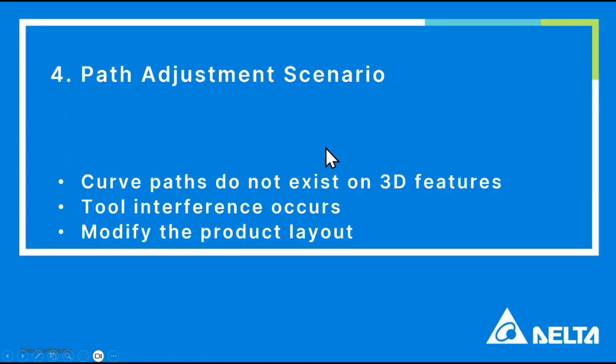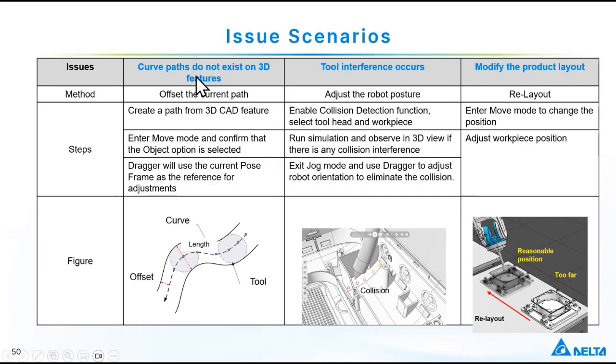In this part, we're going to show you three scenarios, like a pass statement. If we create a pass statement, there are some typical issues. The first one is the curve.